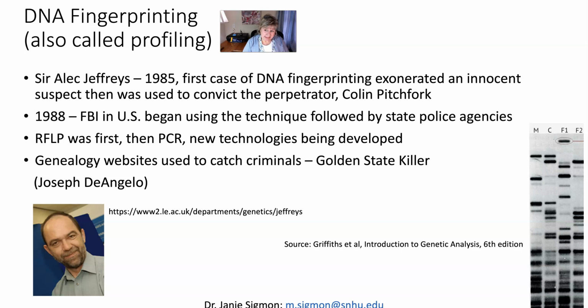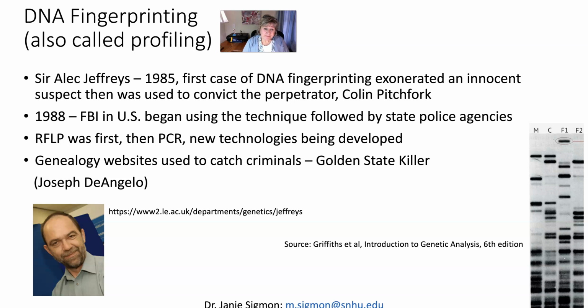In 1988, which really isn't that long ago, the FBI began using this technique, and that was followed in suit by state police agencies, and now there are local agencies too, especially in different locations in the country, but I know even around here there are DNA labs.